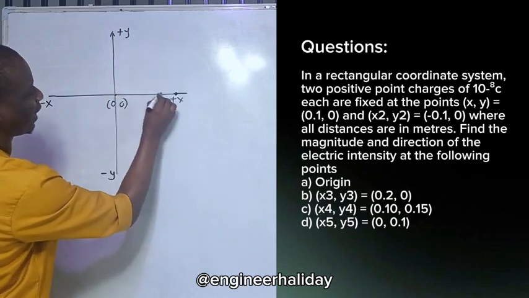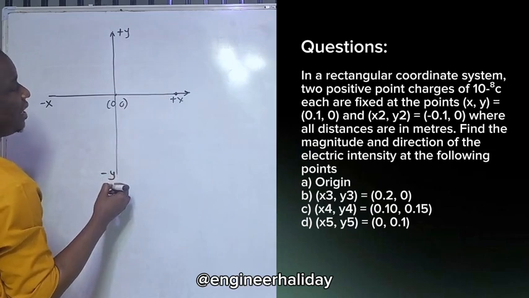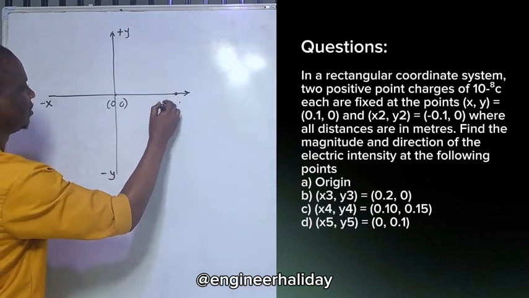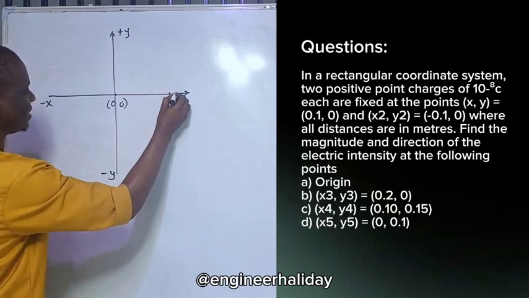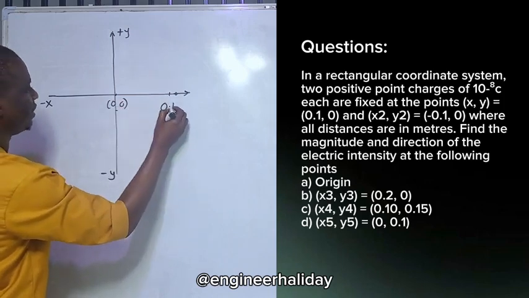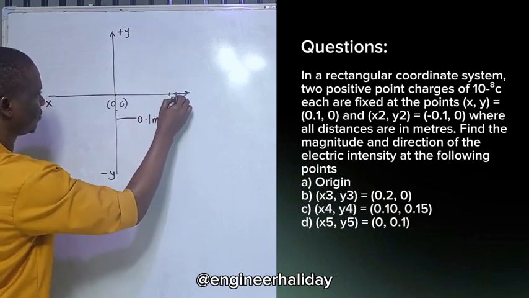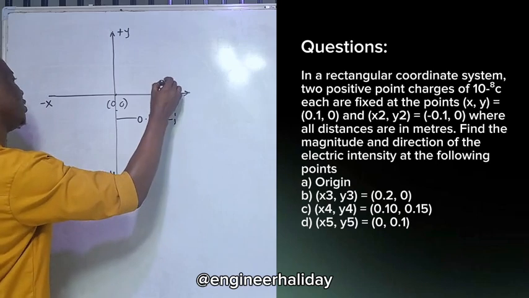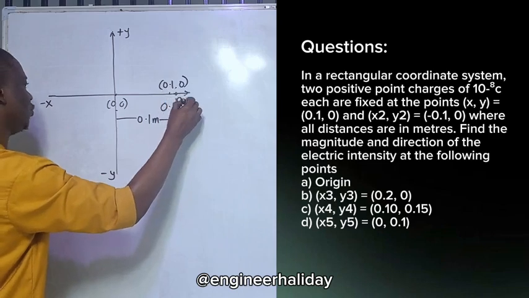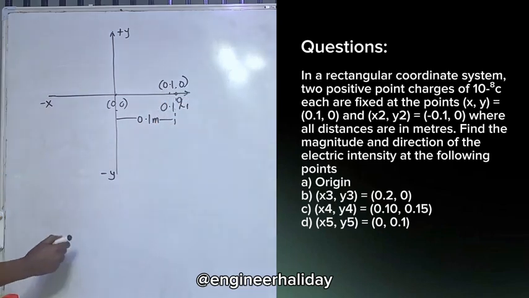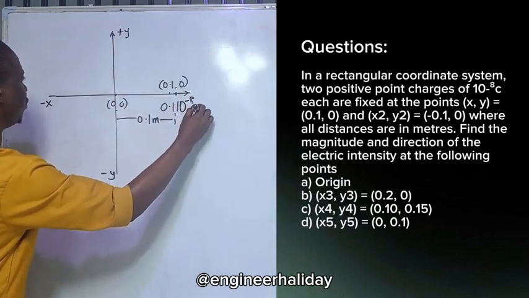So y can only be 0 along the x-axis. x is 0.1, let's put it here. y is 0 here, so from here to this place is 0.1 meter. So this point is (0.1, 0). That is our charge Q1, and the value is 10 raised to power minus 8 coulombs.